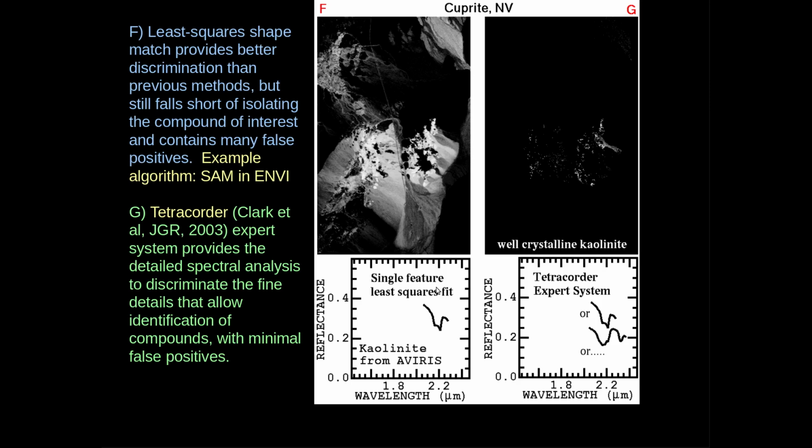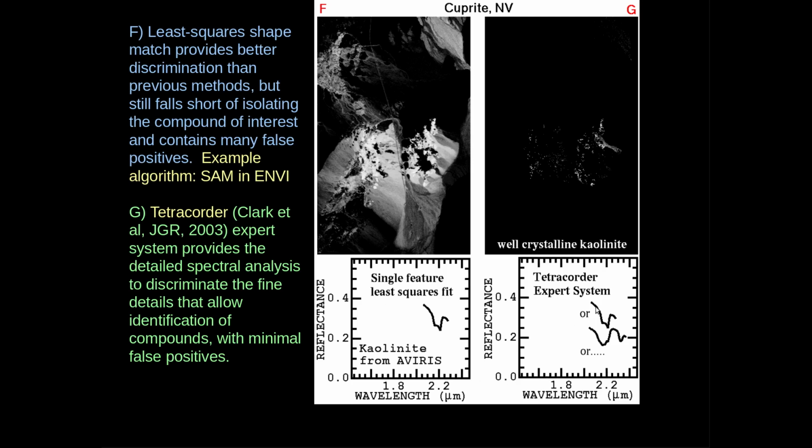If you just do a single mineral, like take the kaolinite absorption and map for that, this is what the program SAM, Spectral Angle Mapper, in ENVI does, something similar. You get something like this. It isolated and reduced some of the false positives, but there are still many, many false positives.